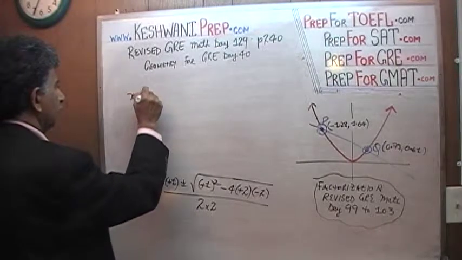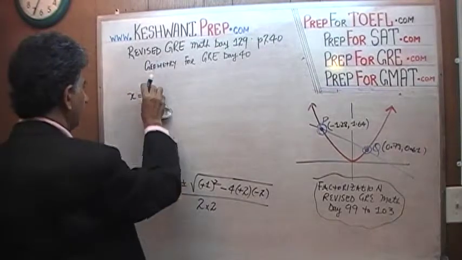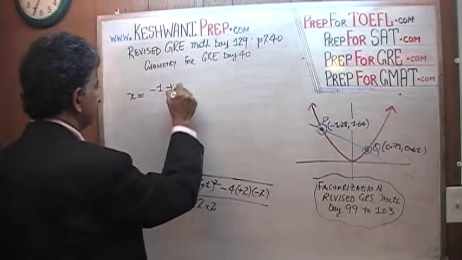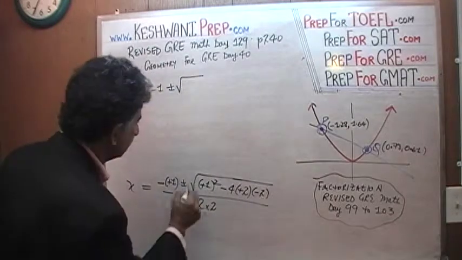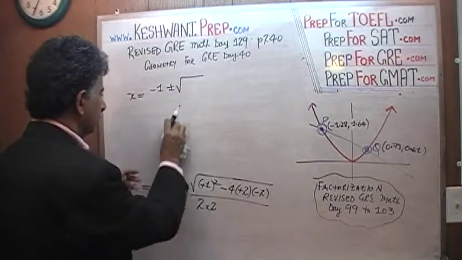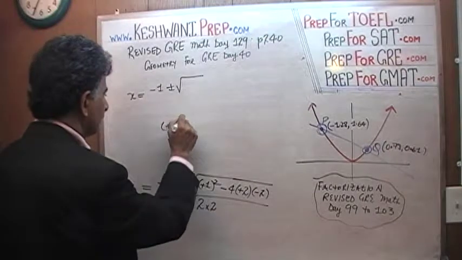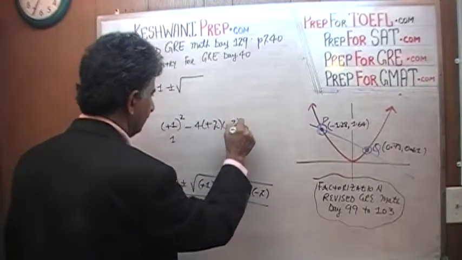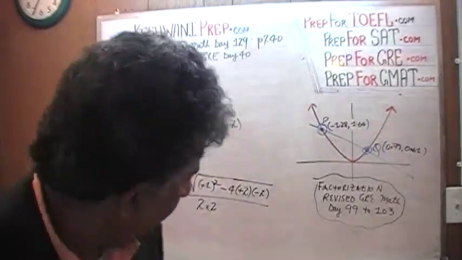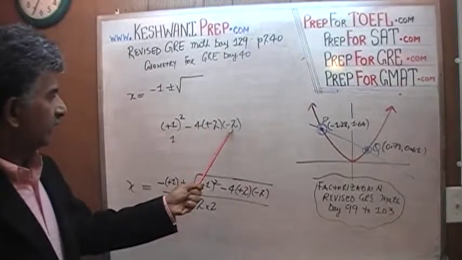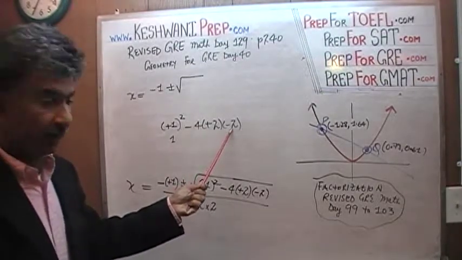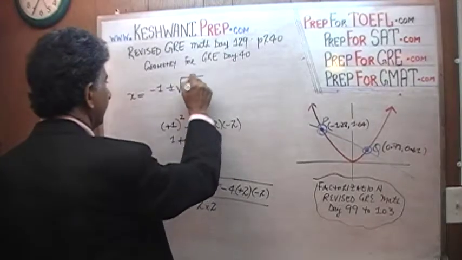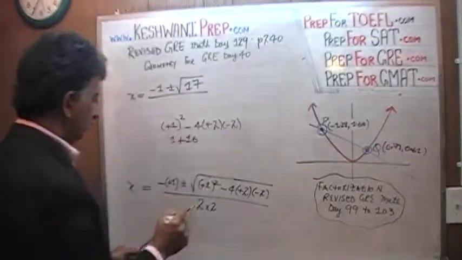Sorry, x equals negative times positive is negative, plus or minus the square root of 1 squared, which is just 1, minus 4 times positive 2 times negative 2, which is what this part is. Positive 2 and a negative 2 give us negative 4, and negative 4 times negative 4 is a positive 16, which is where they're getting 17, over 2 times 2, which is 4.